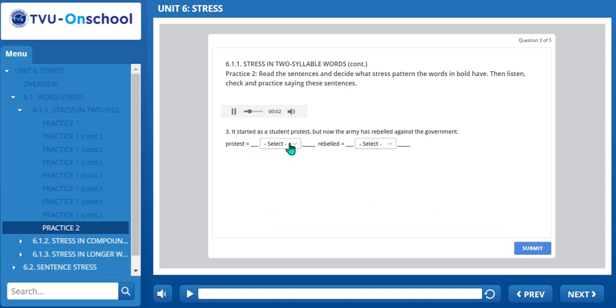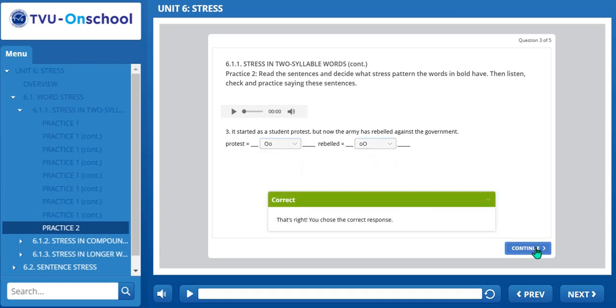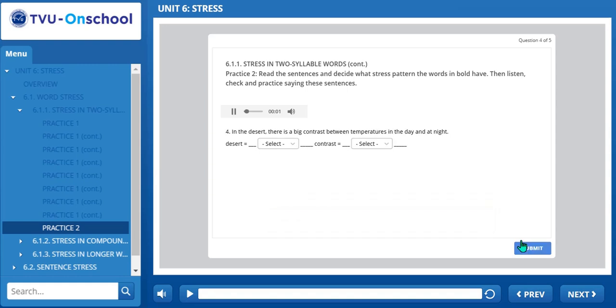It started as a student protest, but now the army has rebelled against the government. 4.